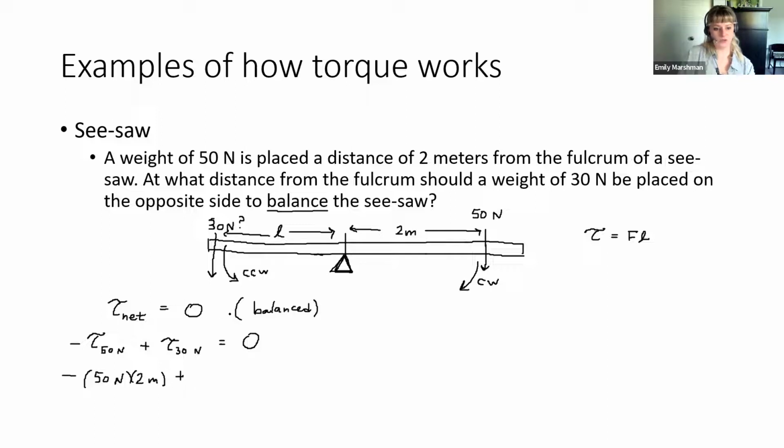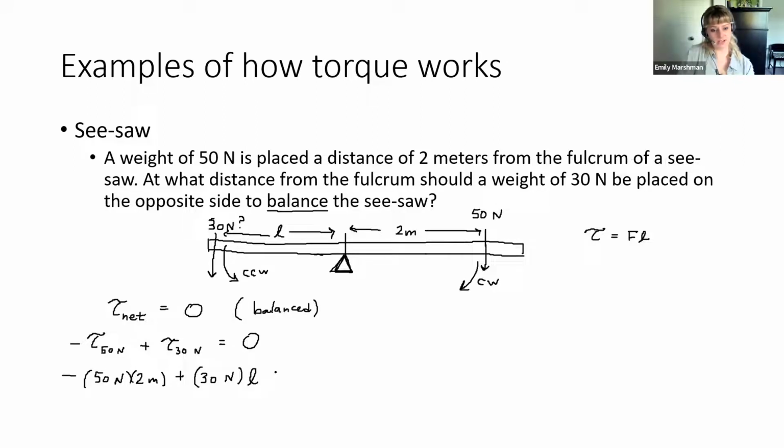The torque due to the 30 Newton weight is going to be the force, which is 30 newtons, multiplied by the lever arm for the 30 Newton weight. We don't know what the lever arm is. That's what we're trying to determine. Where do I need to place it? Right? So we're solving for L for this one.